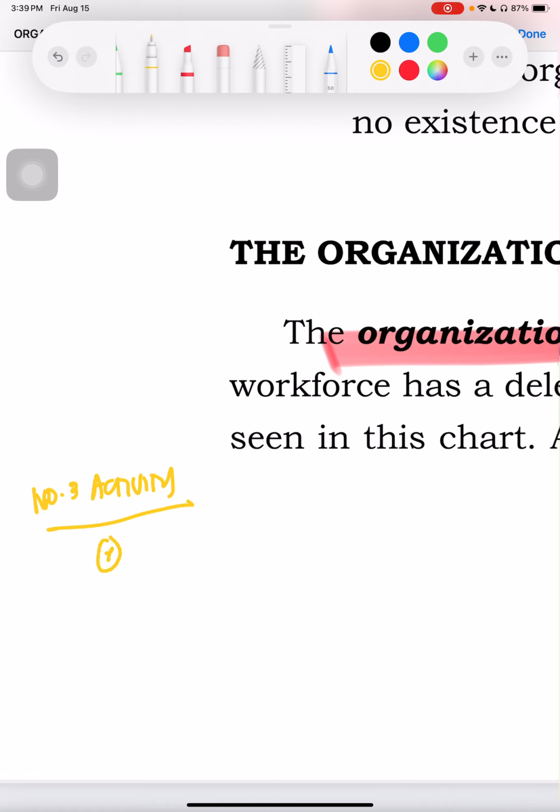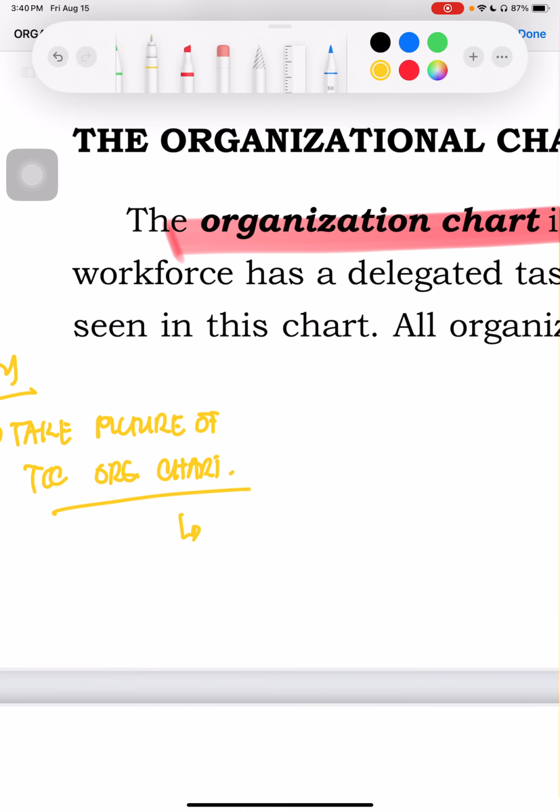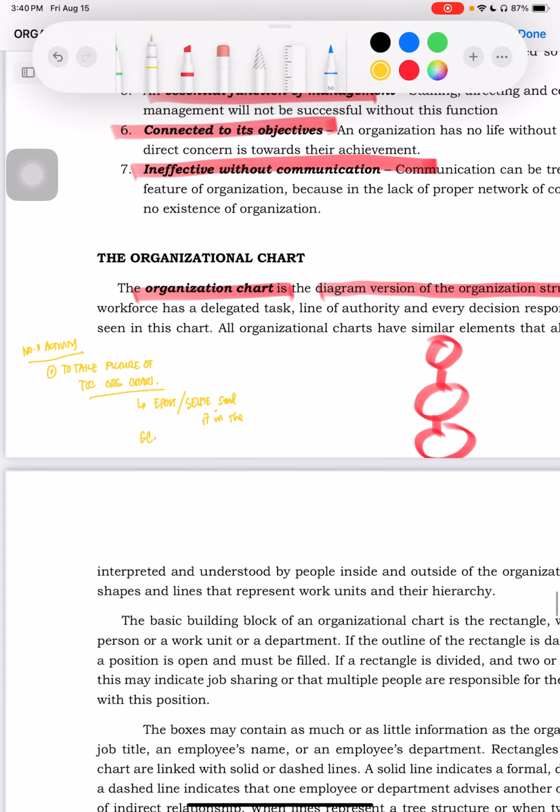Remember, number three is to take a picture of the chart, post it or take a selfie, and send it in the GC. Okay, that's for number 3.